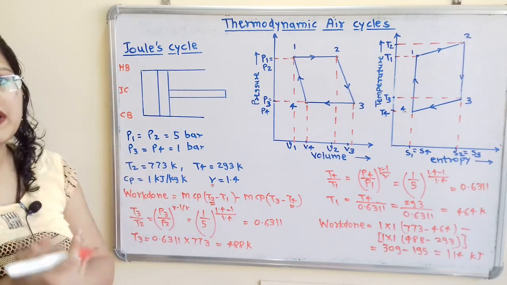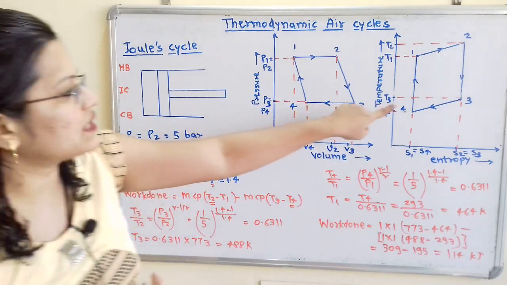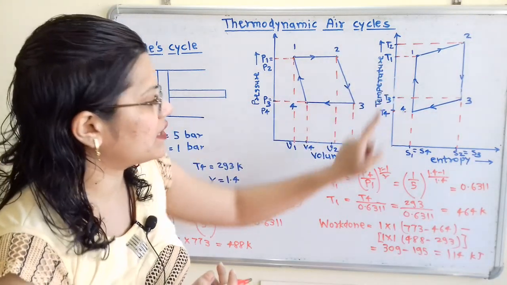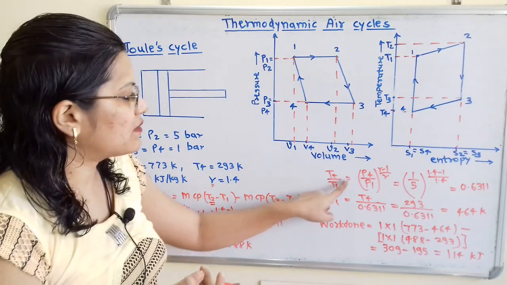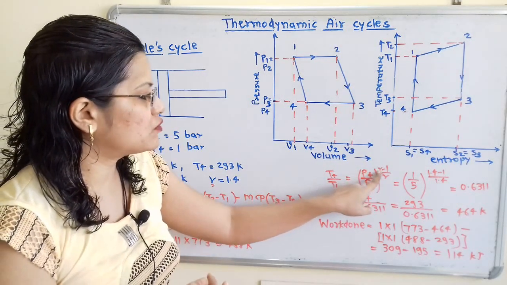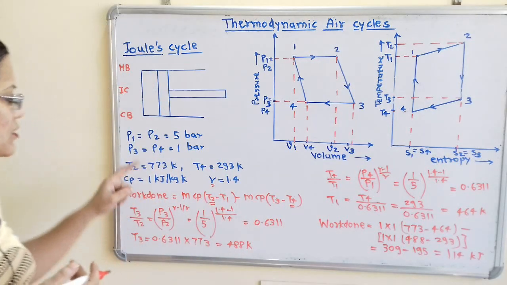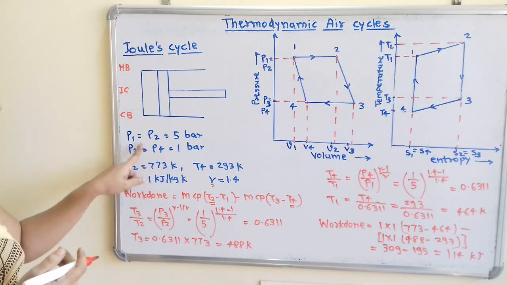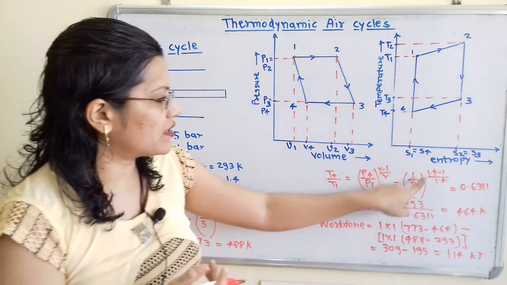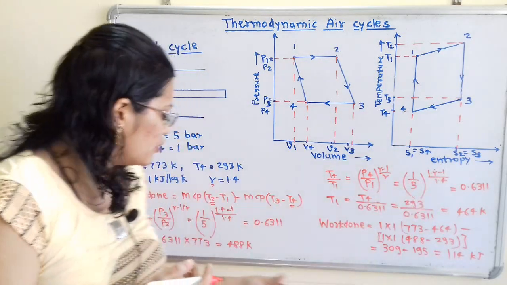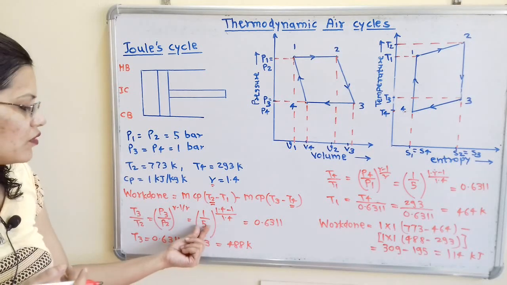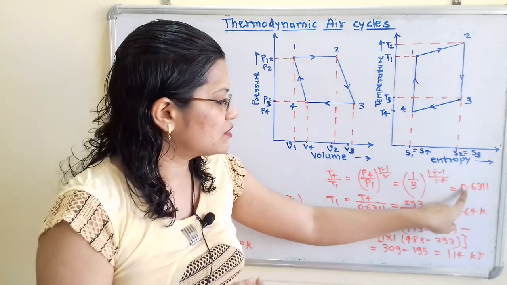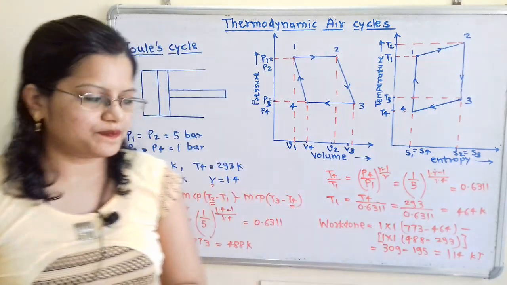Now we move to the next ratio, for the isentropic process with T4 and T1. Again we will use the pressure ratio. So T4 by T1 is equal to (P4 by P1) raised to (gamma minus 1) by gamma. P4 is 1 and P1 is 5, so (1 by 5) raised to (gamma minus 1) by gamma. We observe that the same ratio is there, so the answer will be the same, 0.6311.